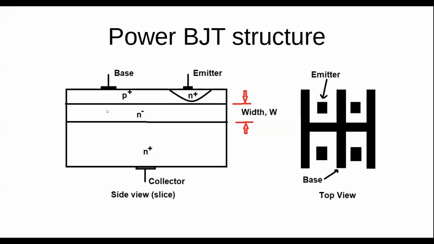So I need to clear out any holes and extra electrons from this region. It takes a certain amount of time to clear this out. The more current I have flowing, so if I'm in hard saturation, I've got a lot more electrons in this region.